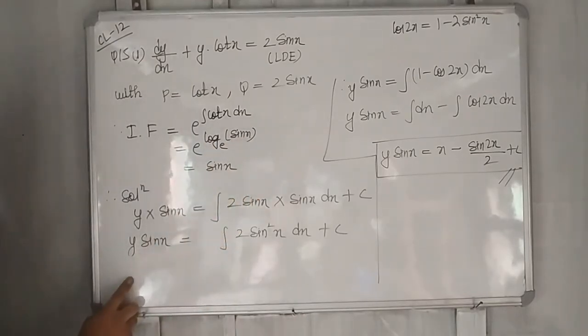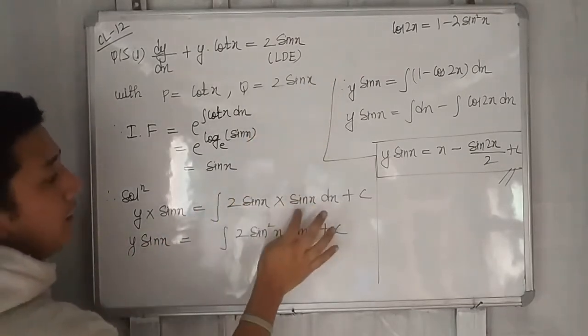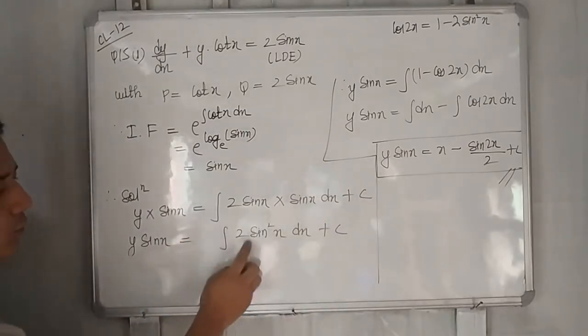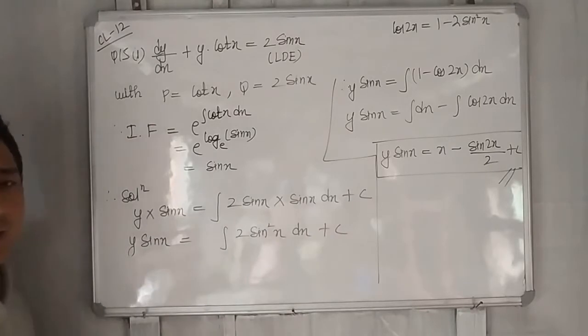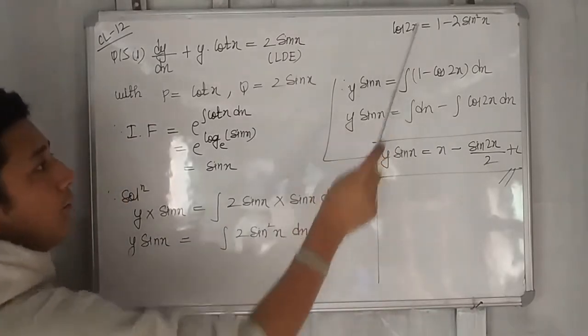And now the solution is very simple. y times integrating factor equals integral of Q times integrating factor dx plus c. So y sin x = integral of 2 sin square x dx plus c. Now tell me, have you seen this 2 sin square x before in the formula of cos 2x?